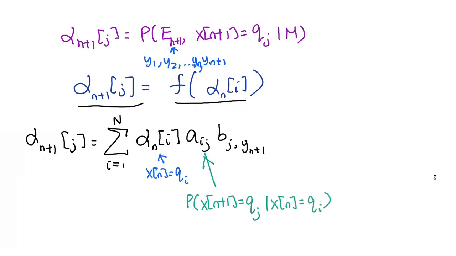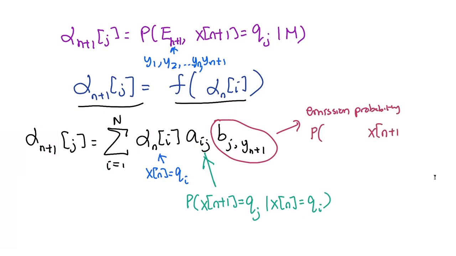And this is the emission probability: if I'm at state Qj at time n plus 1, what's the probability of observing this additional observation, right? So this is a number, right? Okay, so that's the recursive forward update.